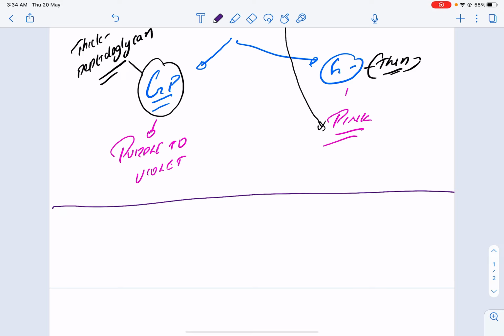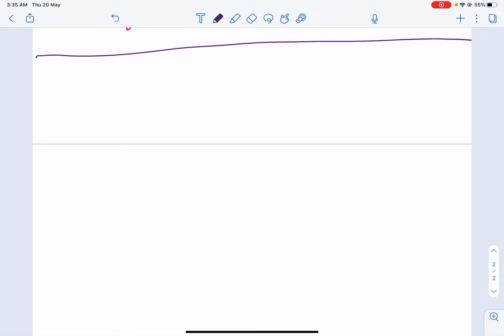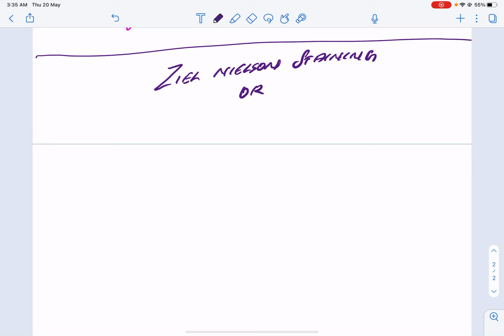In a similar manner, there is another very important differential staining. You might have heard about Ziehl-Neelsen staining, a very famous staining. It's also called acid fast stain.